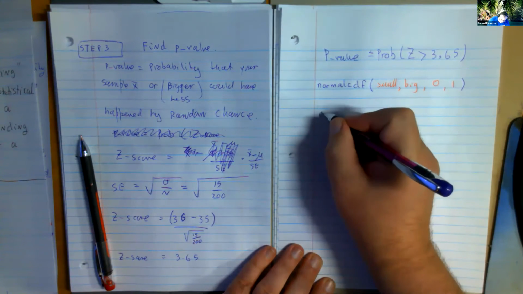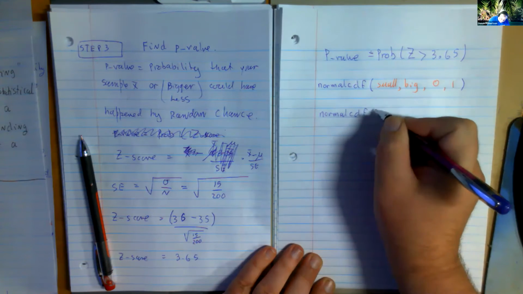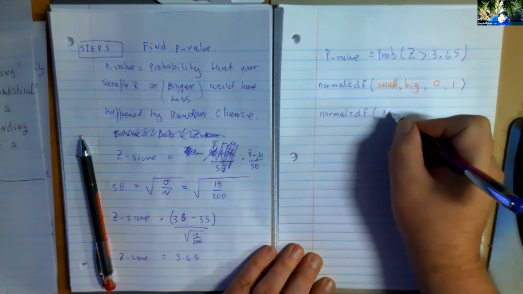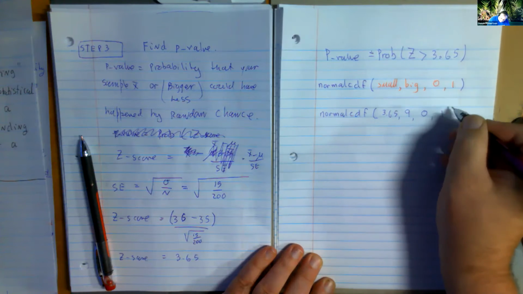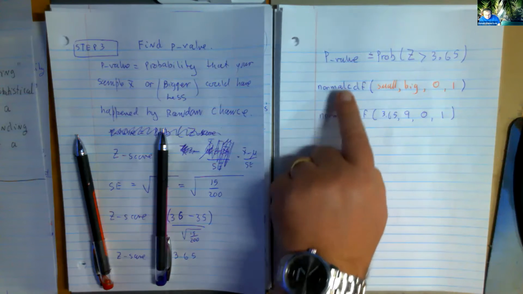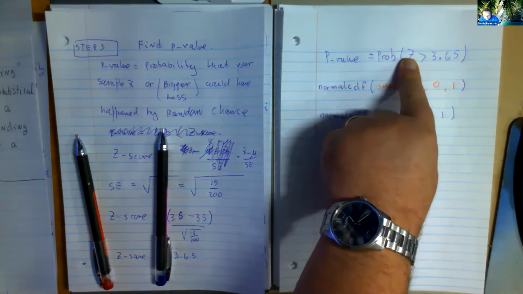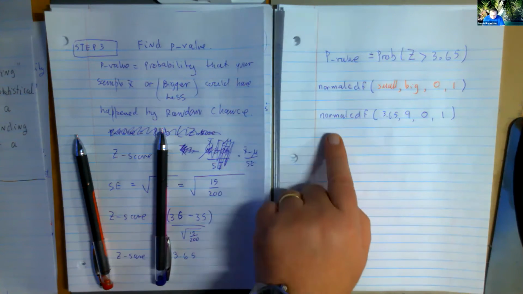And in this particular case, to get the p-value, because that's what this is going to calculate, the small number is going to be 3.65, the big number is going to be 9, 0 and 1. That's how you find the z-score greater than this number. That's the probability that you get a z-score greater than this number. So let me show you on your calculator where you get this guy.